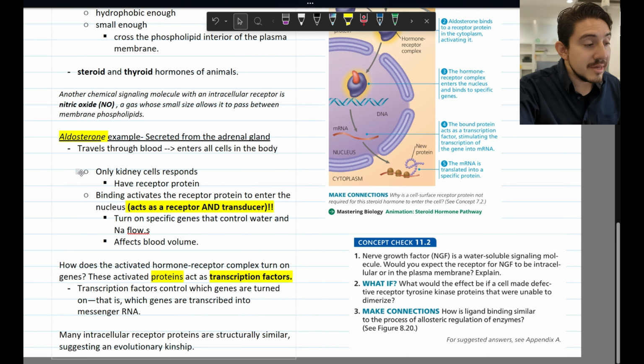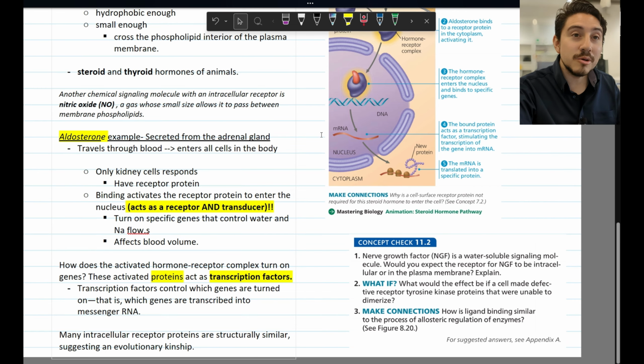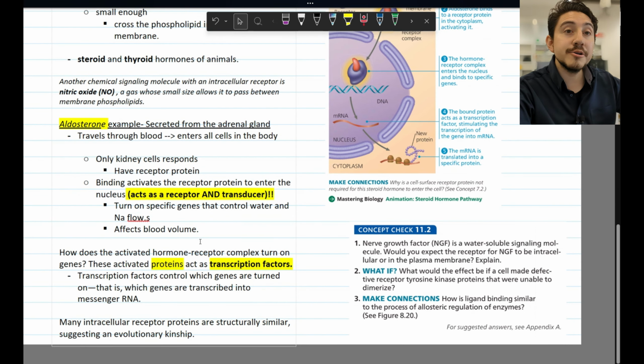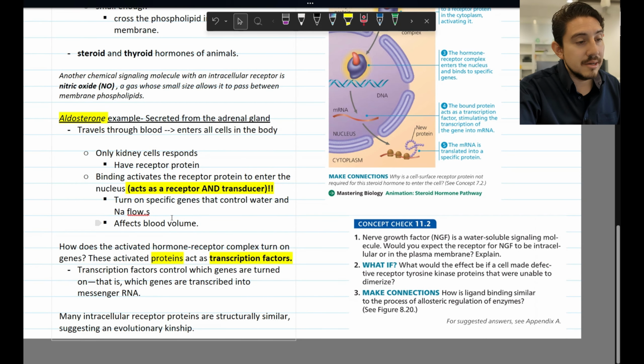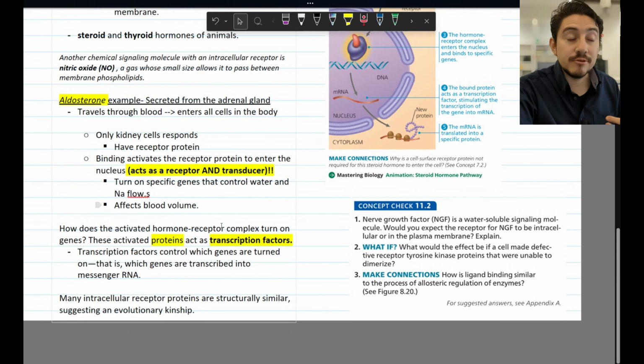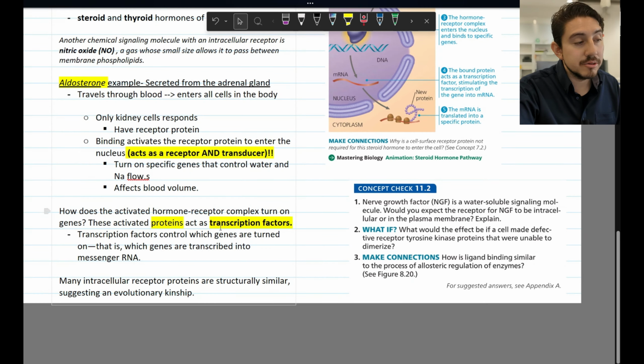Whenever aldosterone binds to this protein, binding activates the receptor protein to enter the nucleus. So it acts as a receptor and a transducer, coming into the complex there. And then that could turn on specific genes within the nucleus, in this particular case genes that are related to water and sodium flow, which ultimately affects blood volume.